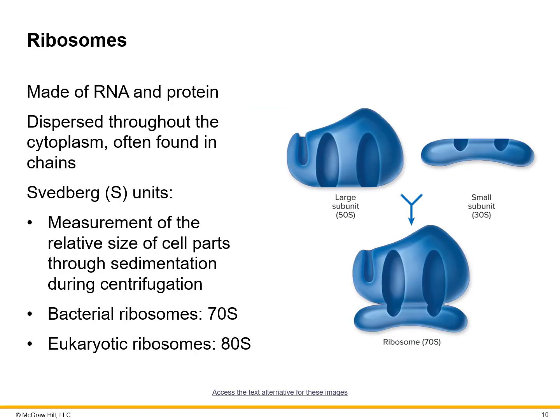All right, then our ribosomes, all cells actually have ribosomes, and these are made up of RNA and protein, and they're found throughout the cytoplasm, usually in some chains in prokaryotic cells. Now the difference, though, is the bacterial ribosomes are a little bit smaller, so 70S, and that's a Svedberg unit, which is just like a relative size, not a precise measurement like nanometers or meters, inches.